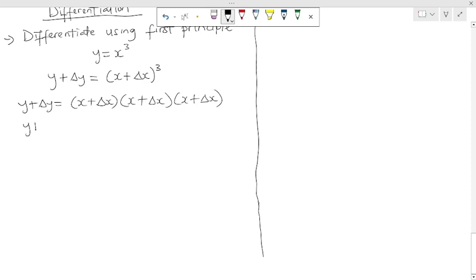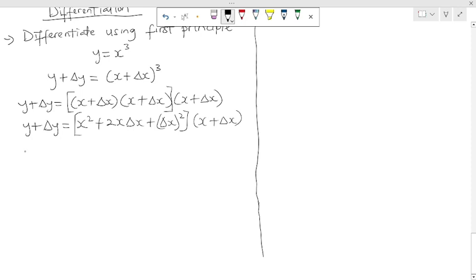So we have y plus change in y is equal to, let's take the first two and solve those two first. So we have x squared plus 2x dx plus dx squared times x plus change in x.